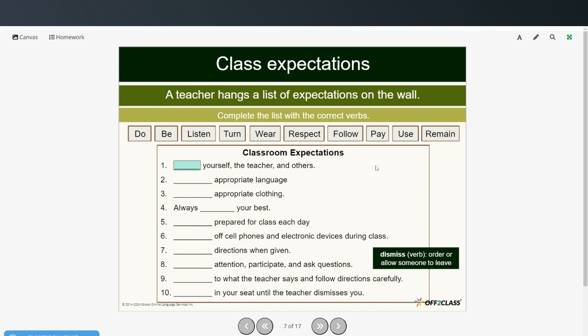Okay, so number 1, respect yourself, the teacher, and others. Use appropriate language. Wear appropriate clothing. Always do your best. Be prepared for class each day.